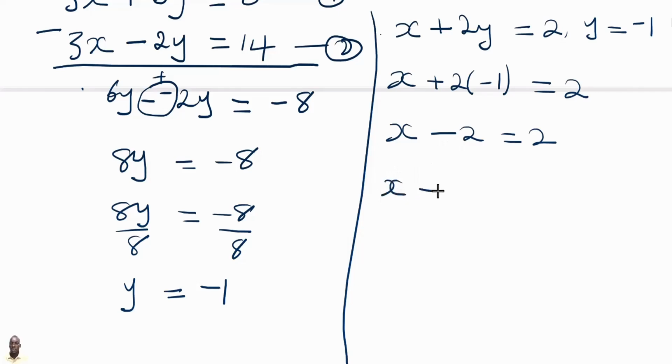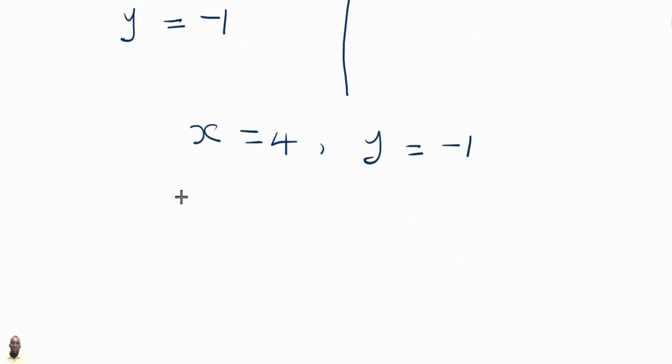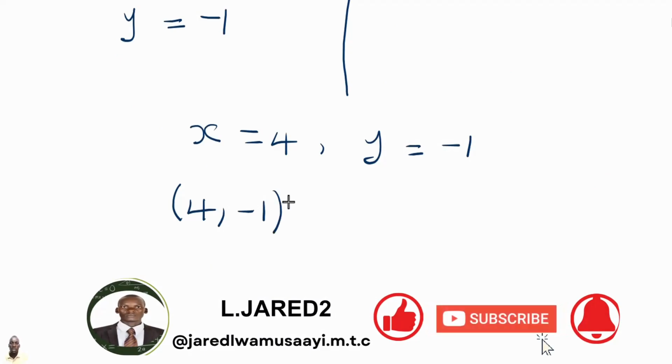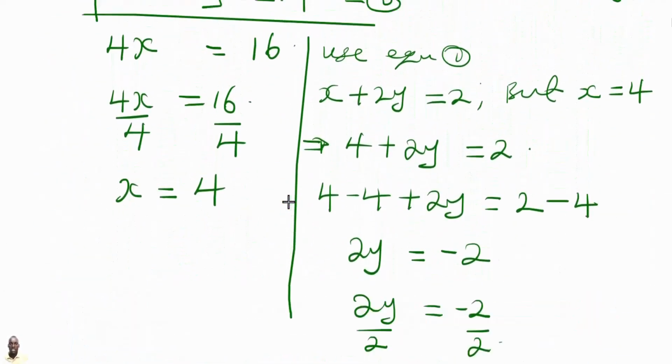So we have x minus 2 plus 2 equals 2 plus 2. This and this cancel out, and we remain with x equal to 2 plus 2, which is 4. So in this case also, we get the value of x being 4 and the value of y equal to negative 1, implying that the point of intersection is still (4, negative 1), like the first way we did it.